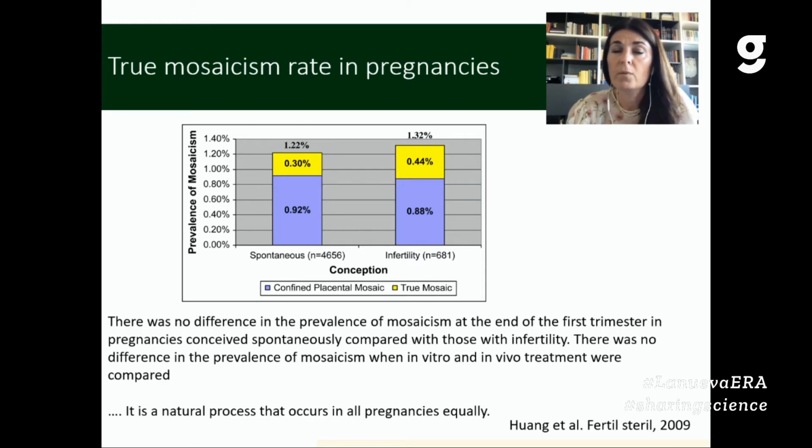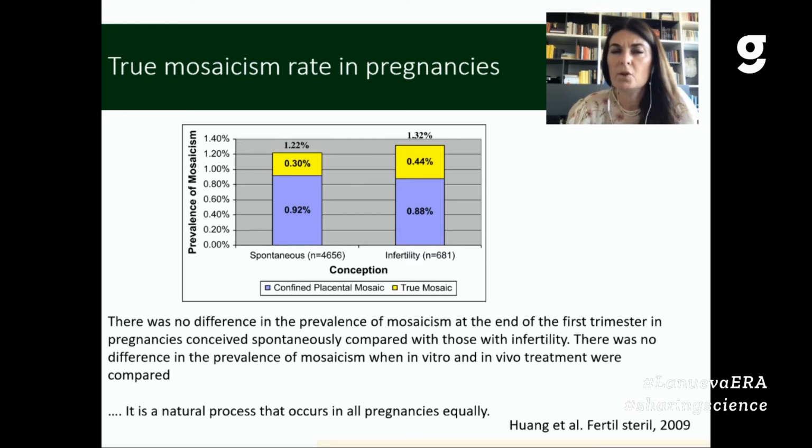The problem is, why should we care? Because each time that we overestimate a mosaic embryo, we are going to remove that embryo from transfer, and this is going, in turn, to reduce the pregnancy rate and the potential for our patient.